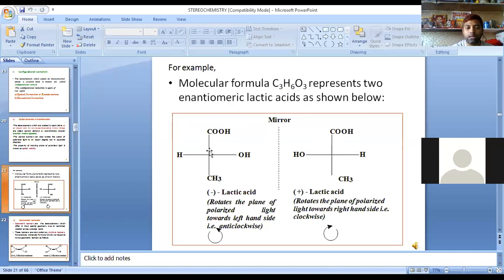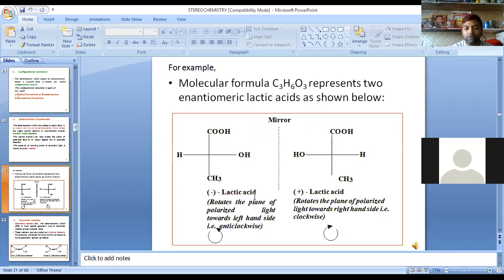This molecule is the mirror image of the initial molecule, but the initial molecule is not superimposable on its mirror image. So they are known as enantiomers. One is negative lactic acid, the other positive lactic acid.